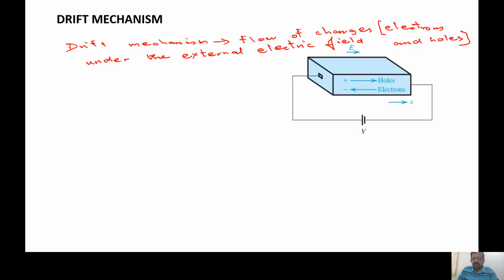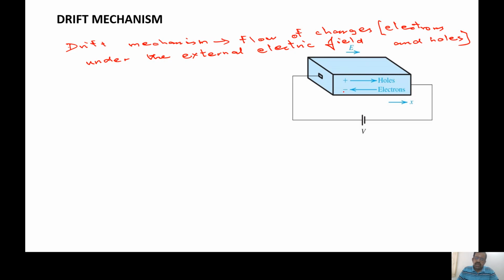It doesn't matter, because after all we are only thinking about the total current that flows through the semiconductor. Now, the direction of the conventional current is always that of the movement of the positive charges, which means the direction of the flow of holes is the direction of the conventional current.